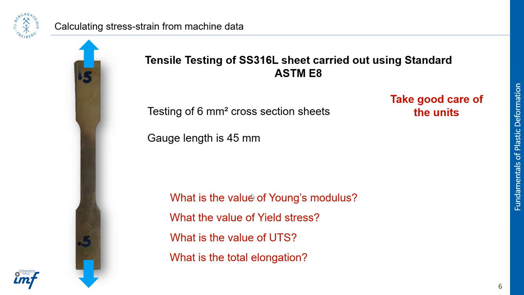So what is the value of Young's modulus for this material? Our question is, how did you do the calculation? The question is not very clear. It is quite vague. On the previous slide, I have shown how I did the calculation.